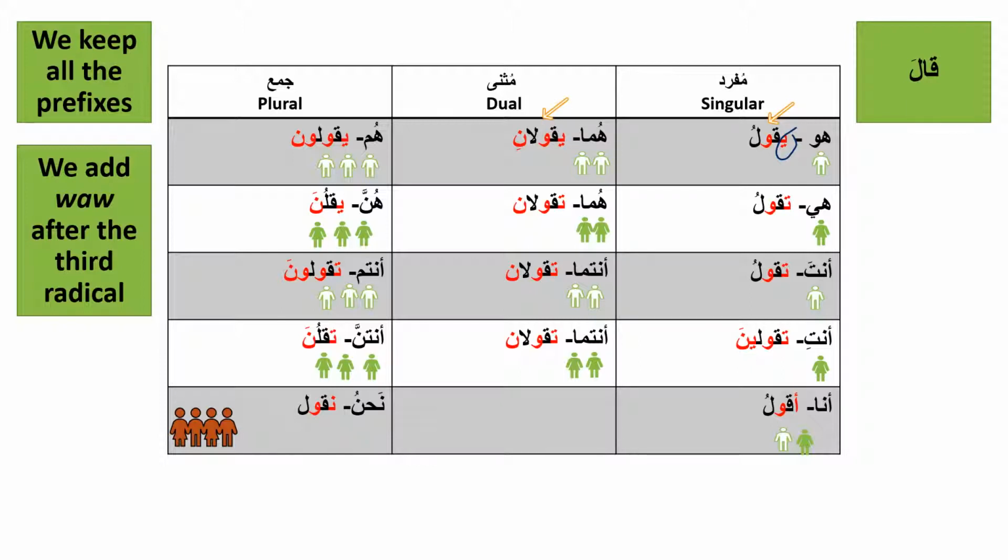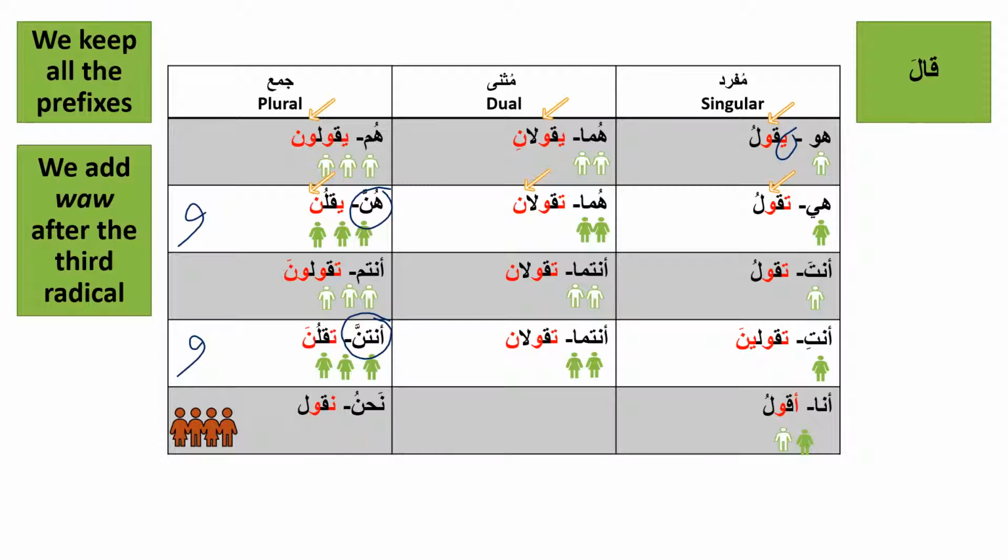هما يقولان. هم يقولون. هي تقول. هما تقولان. هن يقولن. For the pronoun هن and أنتن, we drop واو. Sometimes you have to memorize things because these أفعال, these verbs, are different than the regular verbs that we used to do.